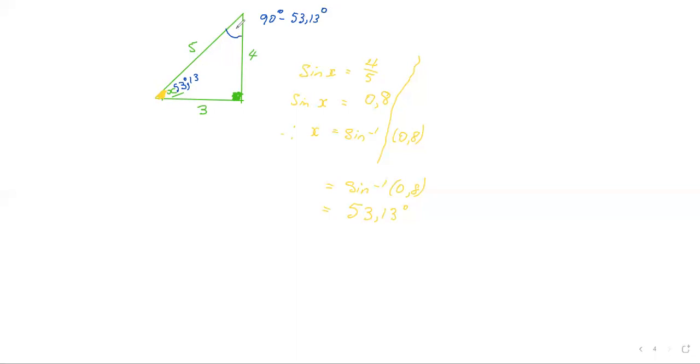Because this angle plus 53.13 plus 90 degrees must give us 180. The sum of the angles of a triangle add up to 180 degrees. That's what we have.